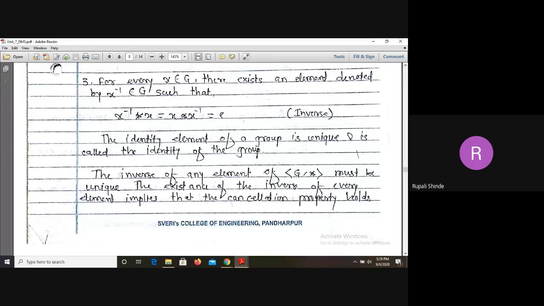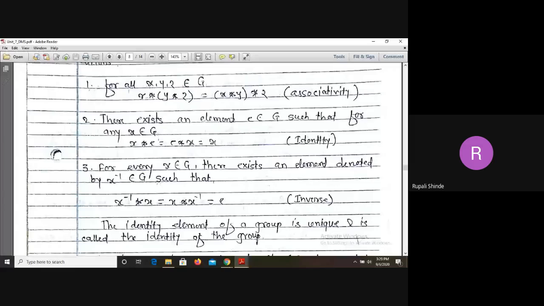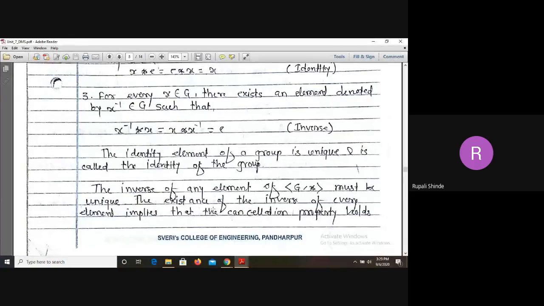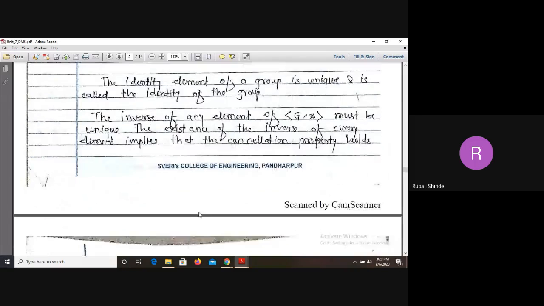The fourth property of a group is the inverse property: there should be an inverse of each and every element, and that inverse must be unique. So there are two different points: first, the identity element of a group is unique, and second, there should exist an inverse for each and every element, and that inverse should be unique.